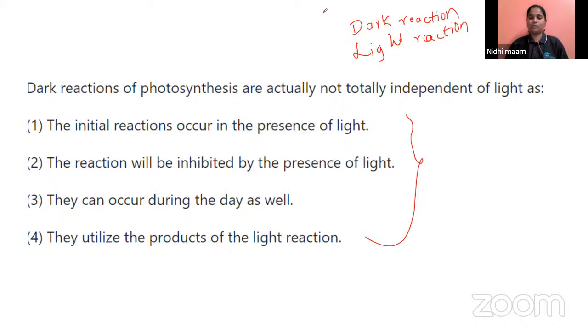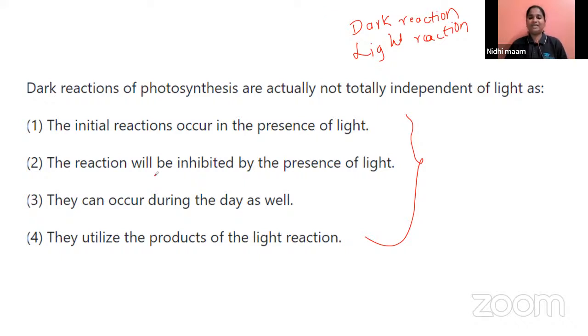Dark reactions of photosynthesis are actually not totally independent of light as. Okay, Anuradha answered option B.